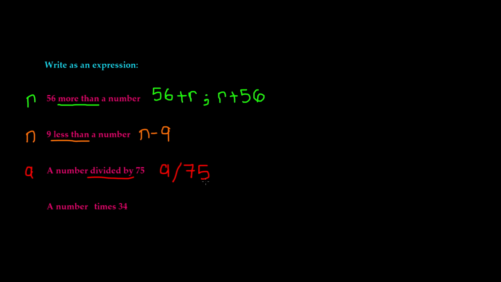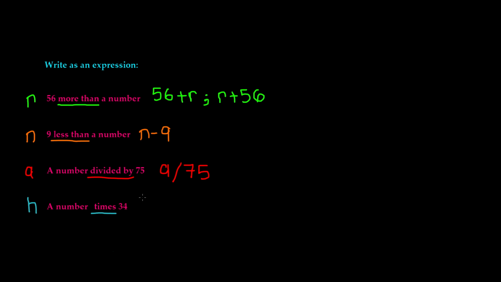Alright, the last one is dealing with multiplication because it says a number times 34. Once again, the commutative property does apply for multiplication because the order of the numbers does not change the sum or the product. Let's say the number is the variable h.